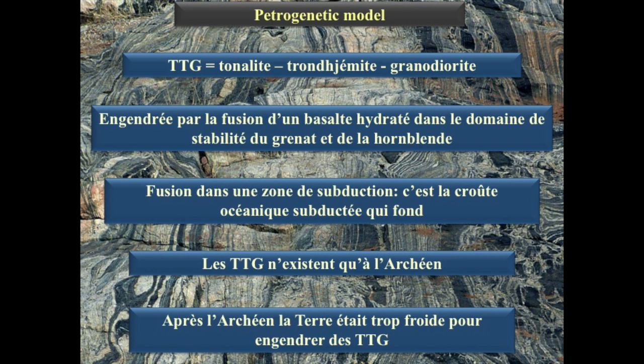This is consistent with what we have seen for Komatiite. TTG require a high geothermal gradient, so they require high heat production from the internal Earth. And so, at the end of the Archean, the Earth had cooled too much and was afterwards unable to generate this TTG.